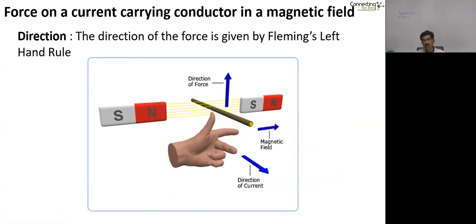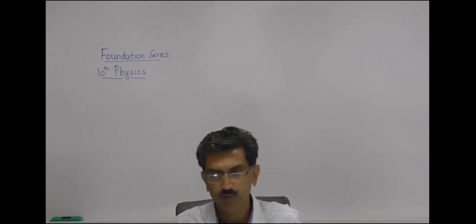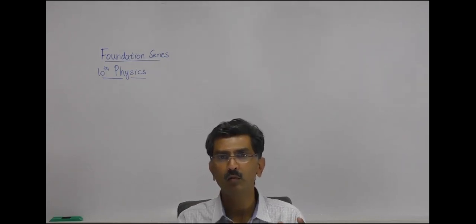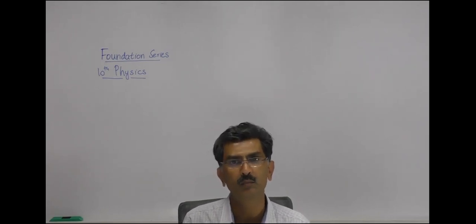After having discussed the magnitude of the force, we now discuss the direction of the force. Now for this we use what is known as Fleming's left hand rule. Before we go there, I want to add a couple of things. One is, there is a very strong mathematical rigor behind the formula.